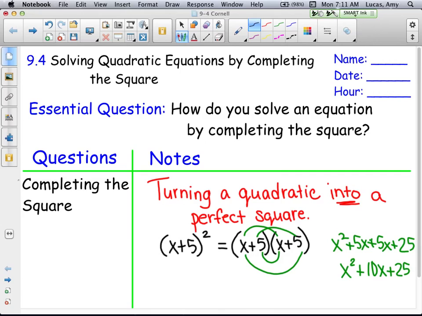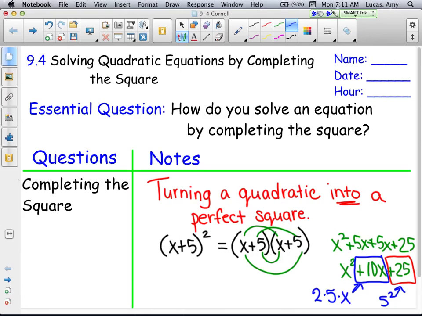So the key to completing the square is going to be recognizing the relationship between these terms. This term right here, 25, is the same as 5 squared. But 10x is 2 times 5 times x, so it's 2 5x's added together.